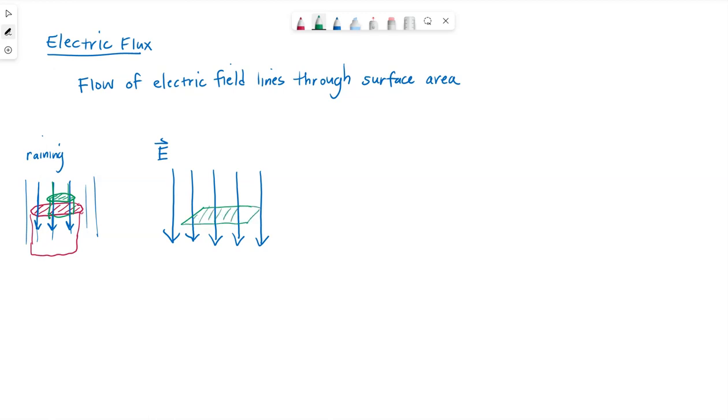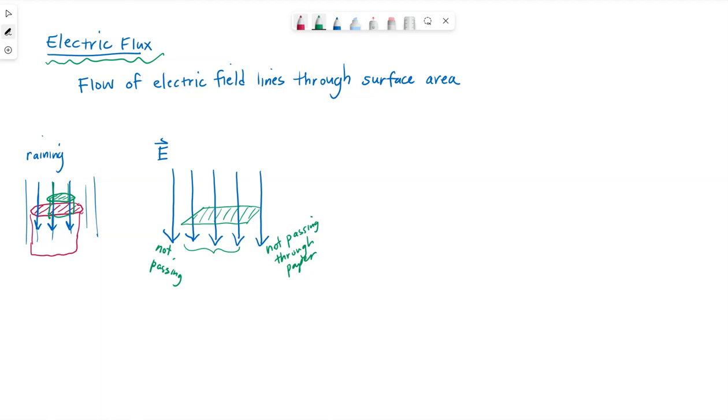This surface area of the paper, in terms of the picture I've drawn, has 3 lines passing through it. This fourth one on the right is not passing through. And I mean specifically not passing through that surface area of the paper. This left-hand one is not passing through either. And so those would not be part of what we call electric flux. The electric flux is determined solely by the field lines that can pass through that surface area.